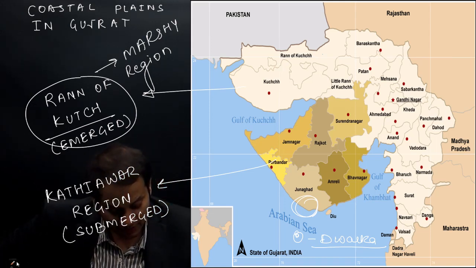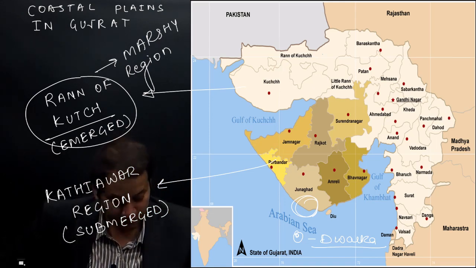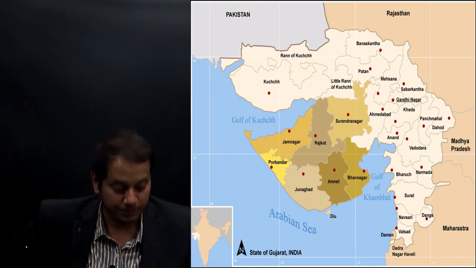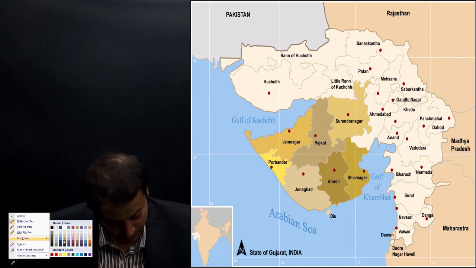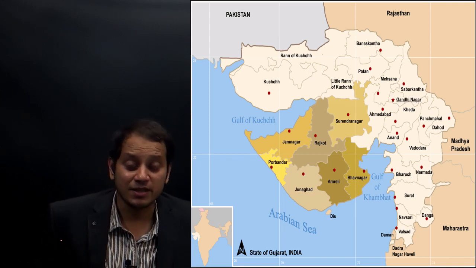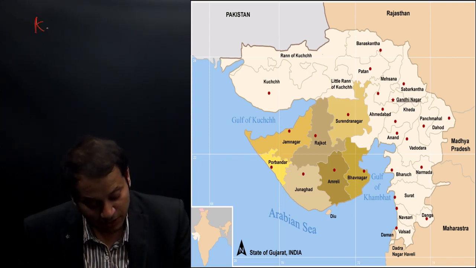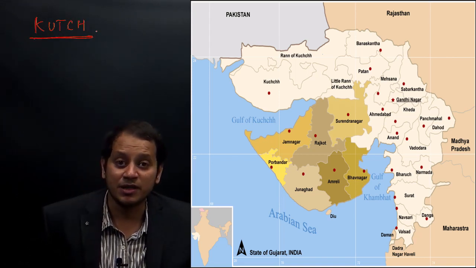So I will just rub this from the slide. How is this Rann of Kutch region? It is the Rann of Kutch or the Kutch Peninsula. It can also be written in this way, Kutch.